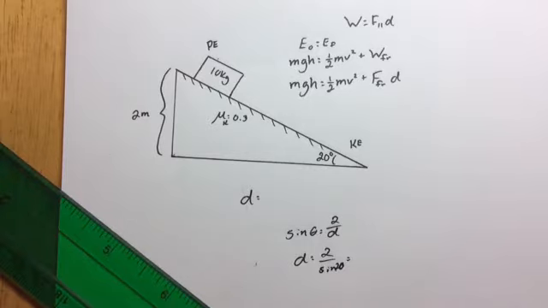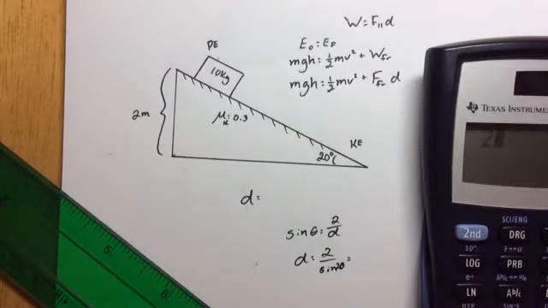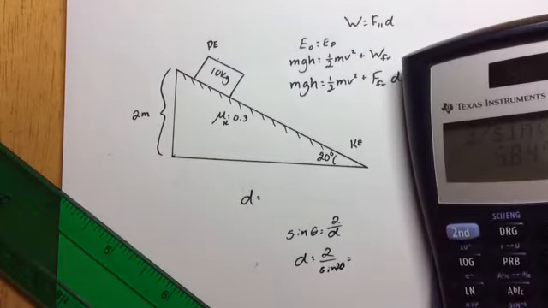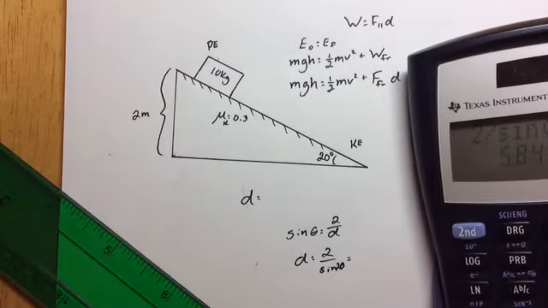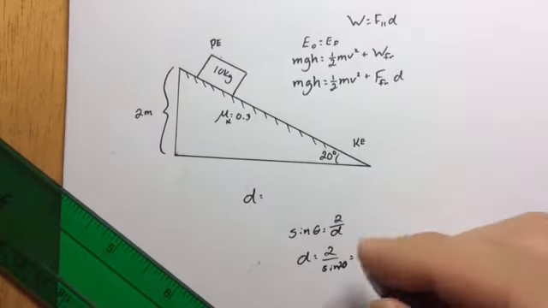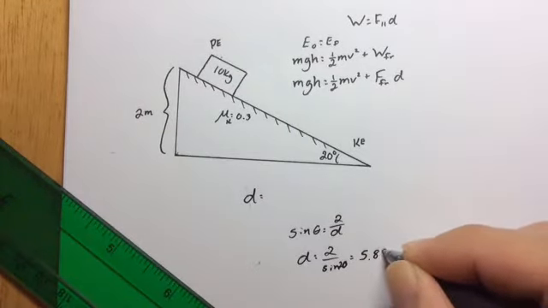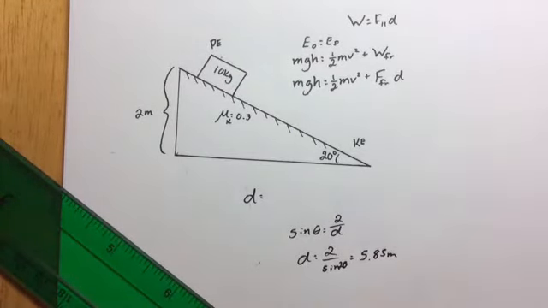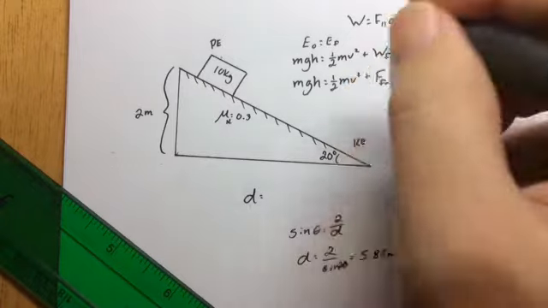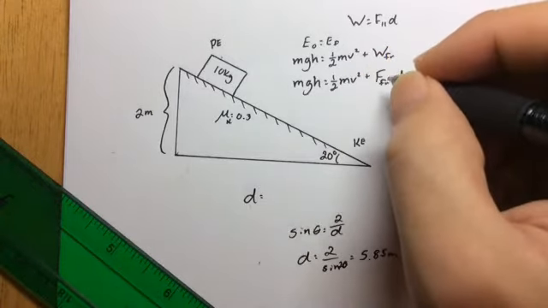So d, grab my calculator, is 2 divided by the sine of 20, and that's going to give me 5.847, let's say 5.85 meters. Okay, so that's d. So back up here, we have m, we have force of friction.